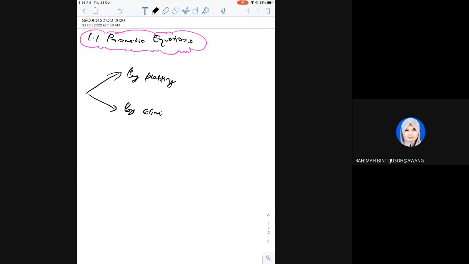I believe that you don't have any problem with plotting. I know you're expert on this. We just build the table and plug in all the values: t, x, and y. But now I will focus on eliminating t, because sometimes students get confused with eliminating t.